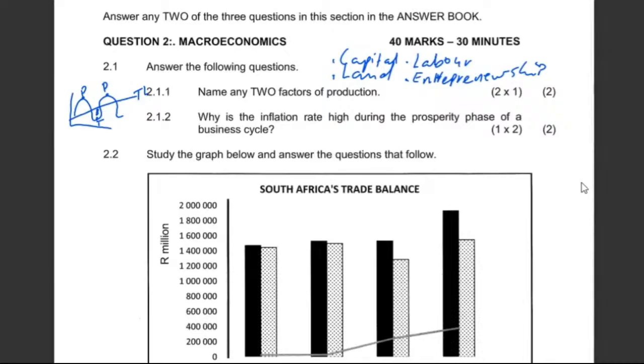Okay, right. So now the moment these economic activities take over from the trend line towards the peak, we are saying that this is a prosperity phase. And the moment the business activities are classified under the prosperity phase, it means that the economy is doing marvelously, which is the indication that there is going to be experience of economic growth as well as economic development.